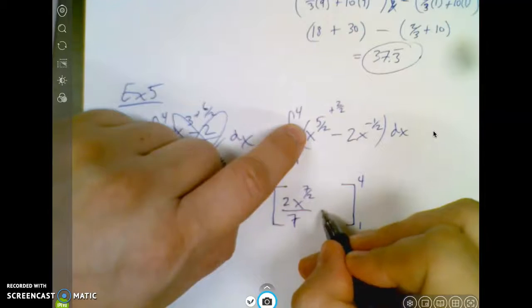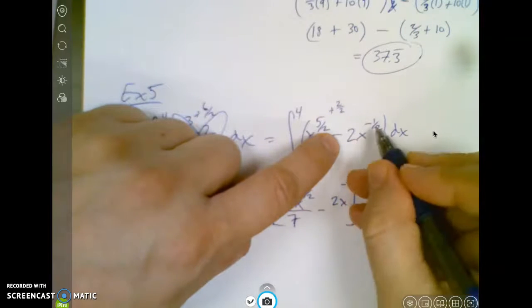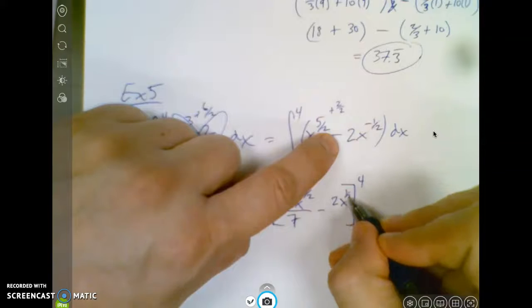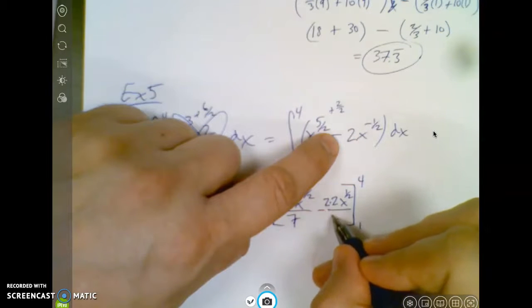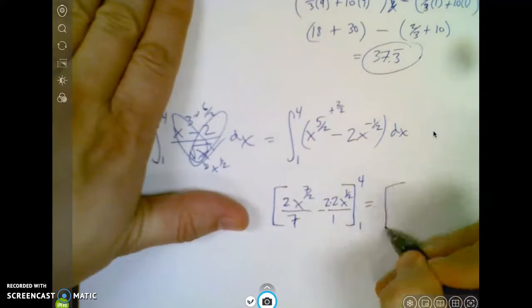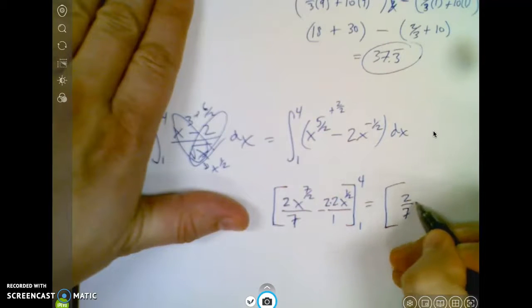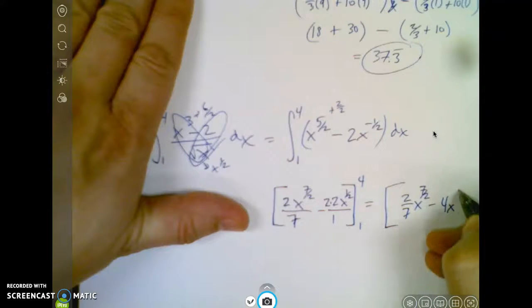And then here, I would have had 2x to the positive 1/2, because I add 1 to that, divide by the new exponent, which means multiply by its reciprocal, and you get 2/7 x to the 7/2 minus 4x to the 1/2.